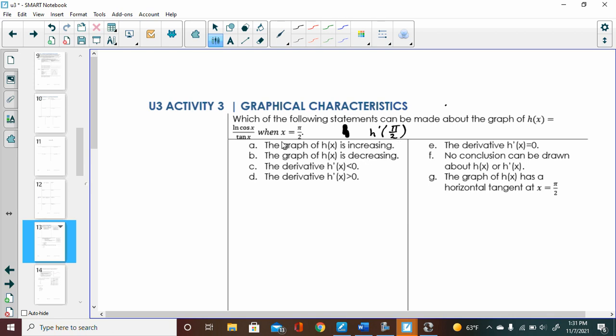If h of x is increasing, I'll know that because whatever h prime of pi over 2 is, it's going to be greater than 0. If this function is decreasing, then the derivative is going to be less than 0.